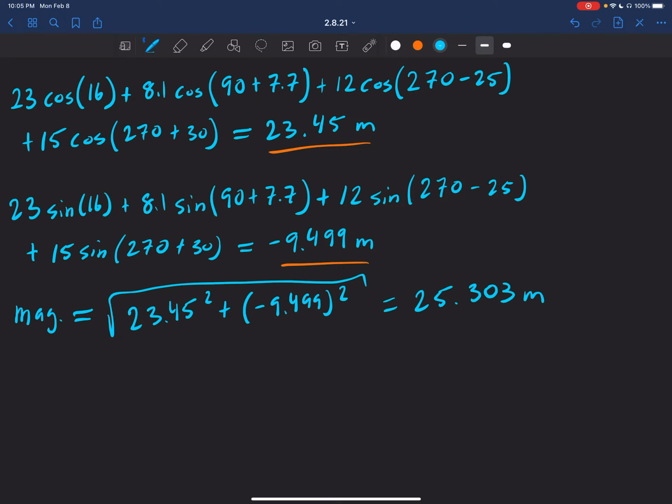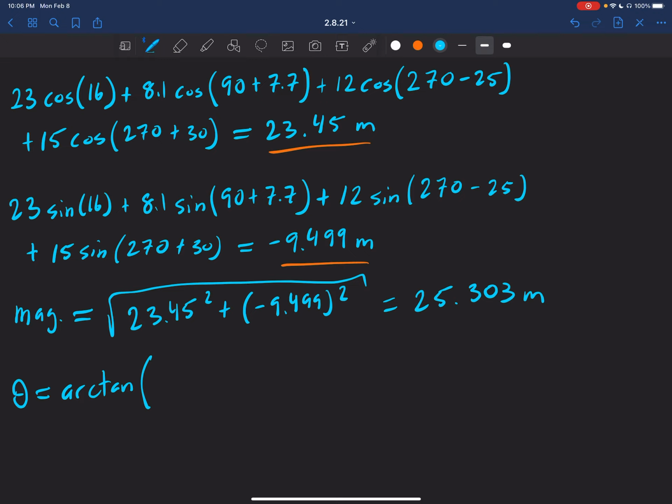And now the last thing we have to do is find the angle that this sum makes with respect to the positive x-axis. We have the sums of the components, again, with respect to plus x. So now it's as simple as taking the inverse tangent of the y component divided by the x component.